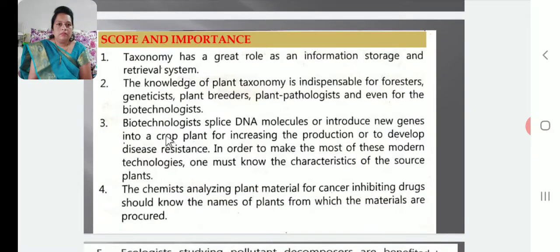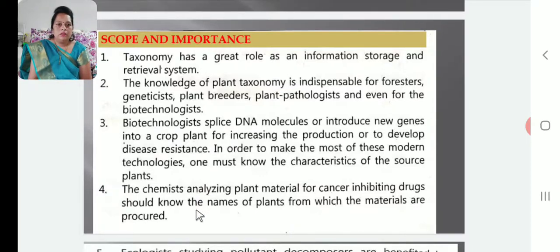Taxonomical knowledge is also used for the production of disease resistant crops by introducing a new gene into a crop plant.